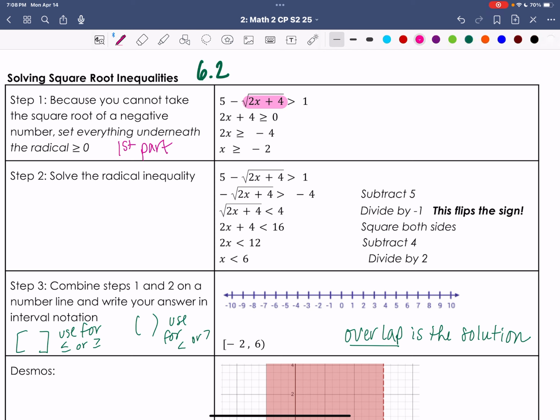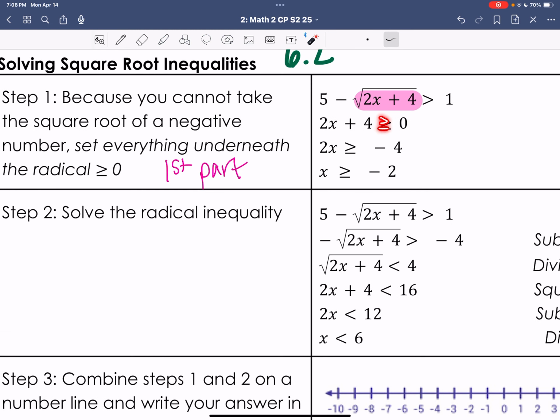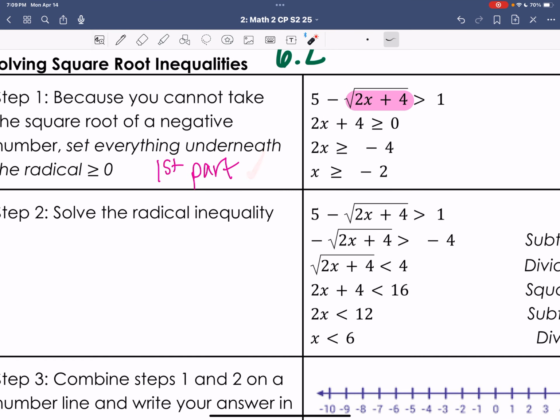This is what I did right here: I took this part right underneath here, because you can't have a negative under the radical, so it's got to be bigger than or equal to 0. And you're going to solve that. So I know this is the first part.